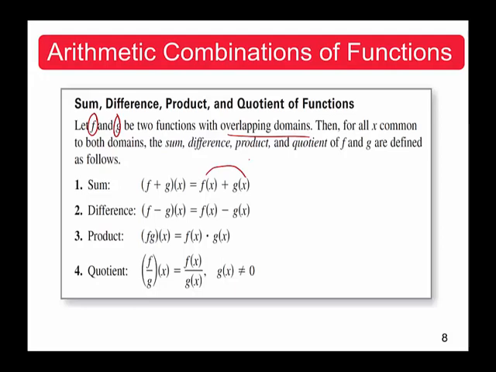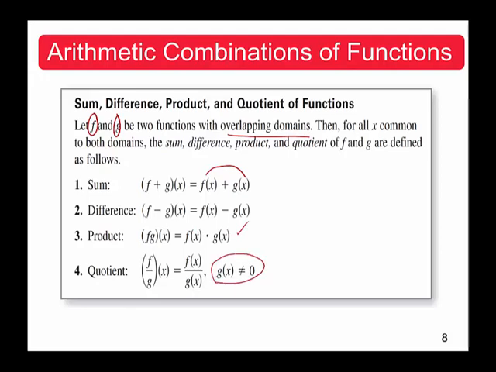The difference, f minus g of x, is equal to f of x minus g of x. f times g of x equals f of x times g of x, the product. The quotient, f over g of x, is f of x over g of x, and here g of x cannot be 0.